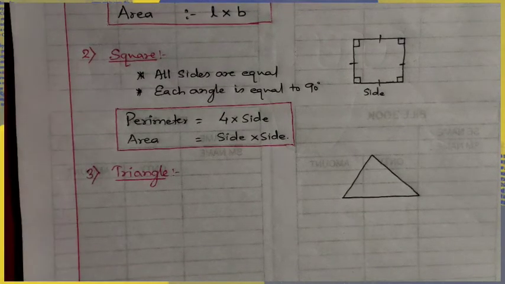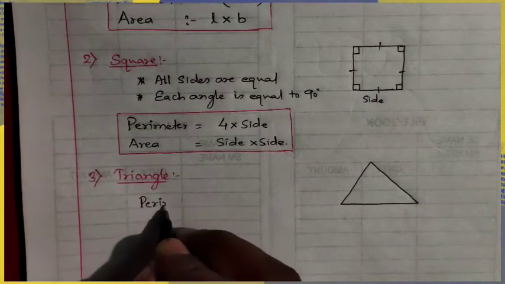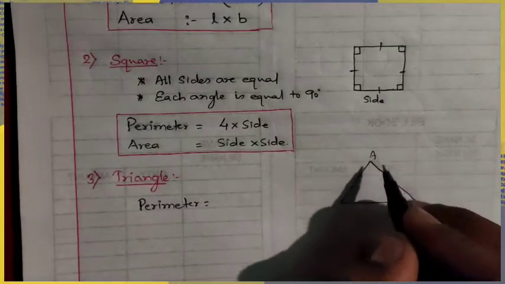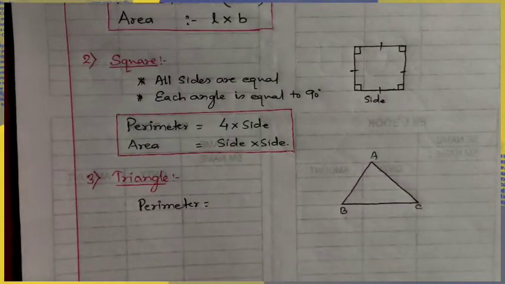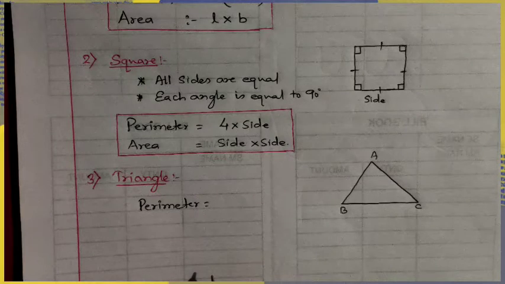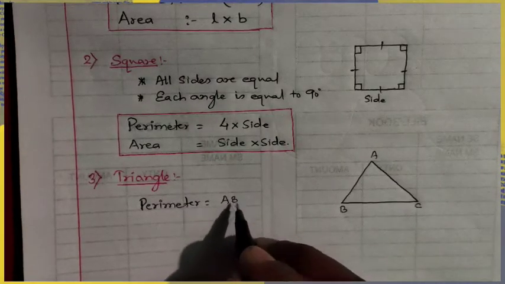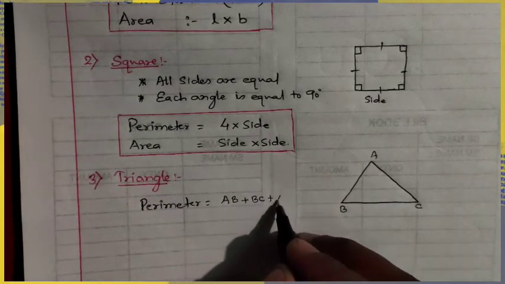Now we are going to discuss the formula for perimeter. Here I am going to name the sides of the triangle, since there is no unique formula for calculating the perimeter of a triangle. As in the concept I said, perimeter means sum of all sides. So we calculate it as length of AB plus length of BC plus length of AC.